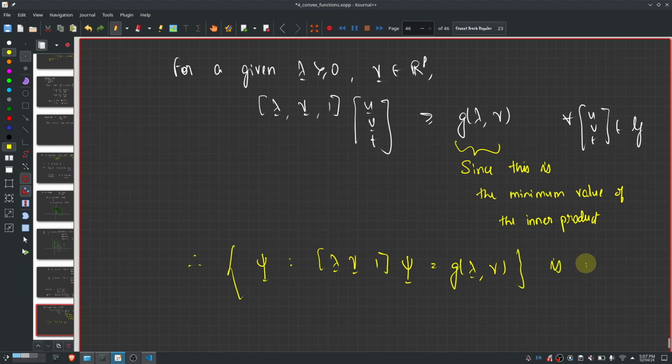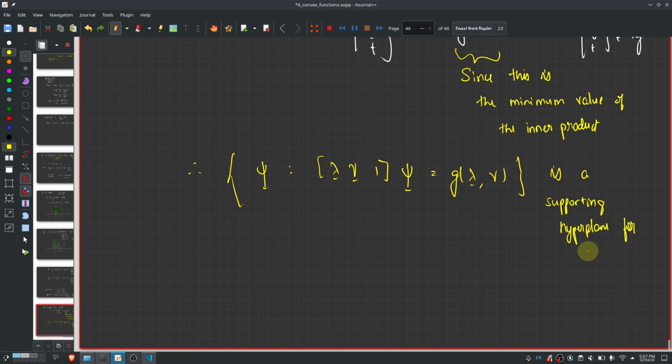So this is a supporting hyperplane for the set G. So I'll come to that.